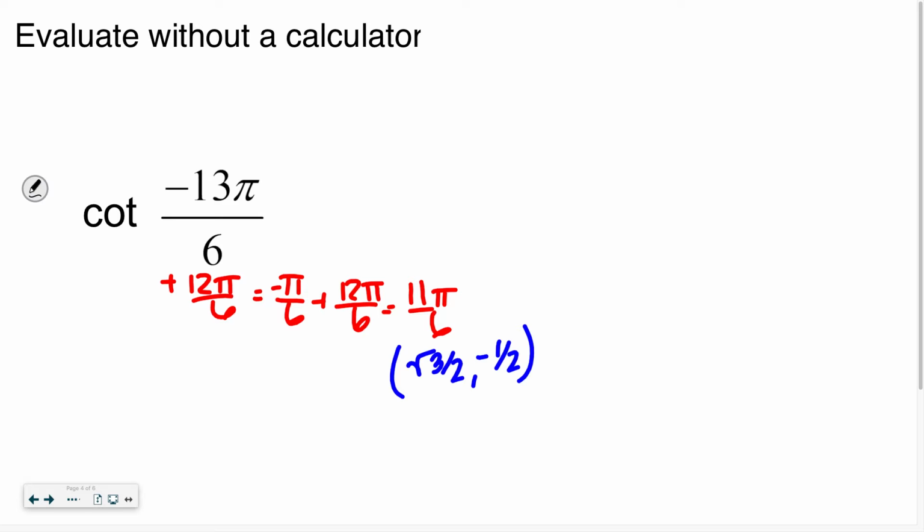Or, if you think about it, what is the tangent of 11 pi over 6? Of course, it matches the tangent of pi over 6 in quadrant 1, which is square root 3 over 3, right? But in quadrant 4, tangent will be negative. So you might also be thinking the tangent of 11 pi over 6 is negative square root 3 over 3. What's the reciprocal to that?